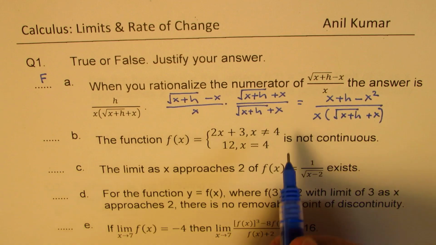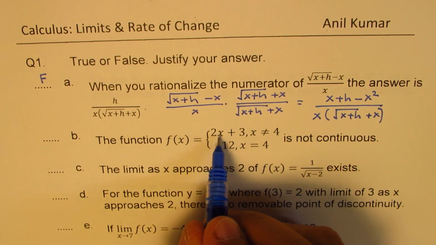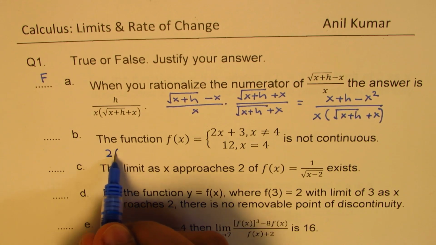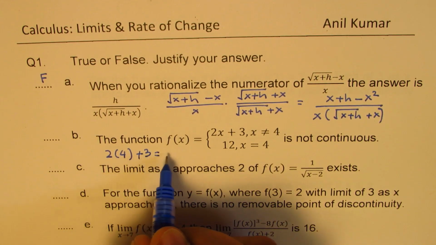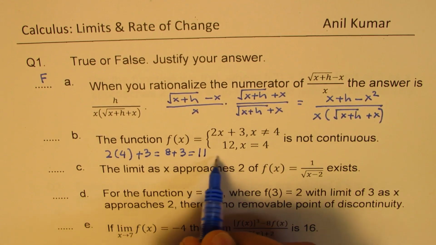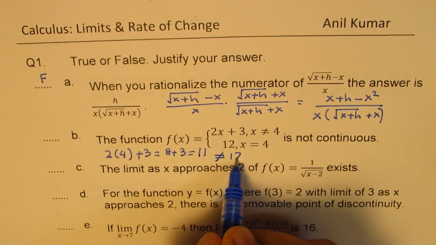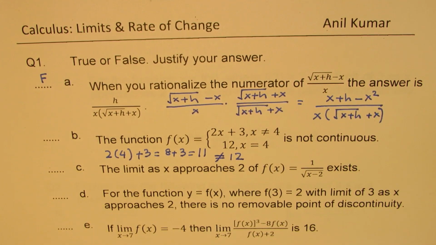So we'll write 2 times 4 plus 3. 2 times 4 is 8. So we get 8 plus 3, which is 11. And since it is not equal to 12, it is discontinuous, right? So that's the whole idea.